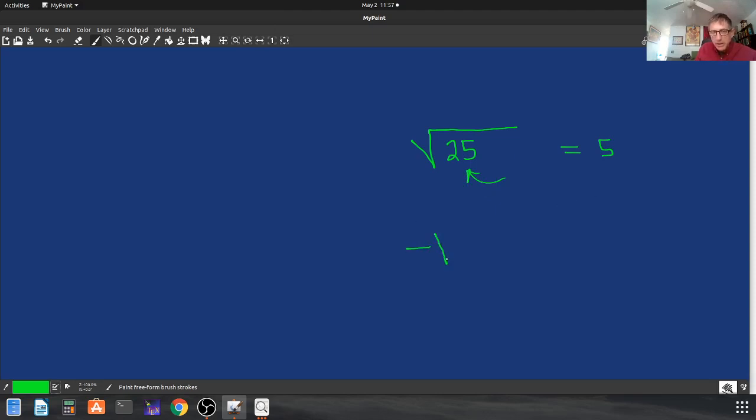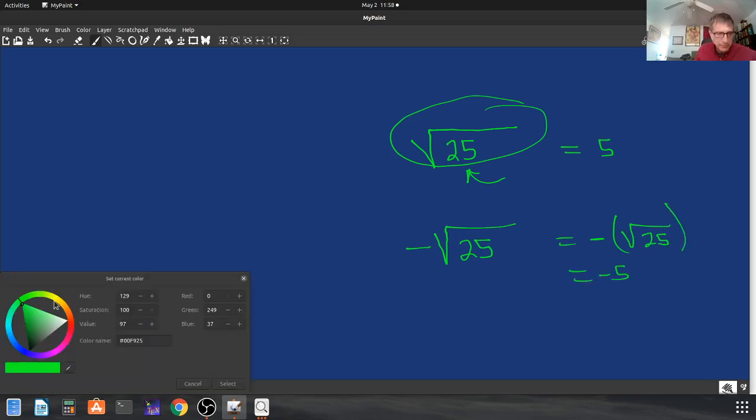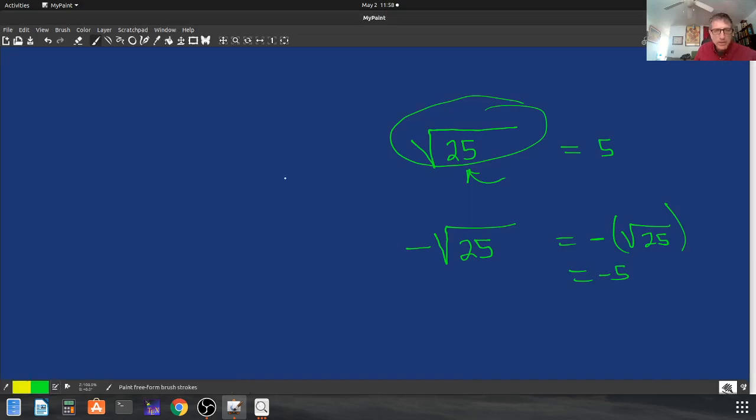Well, if this symbol right here denotes the positive square root, then the negative square root of 25 would be minus the positive square root of 25, which just gives me minus 5. So keep those things in mind, and let's look at some examples.